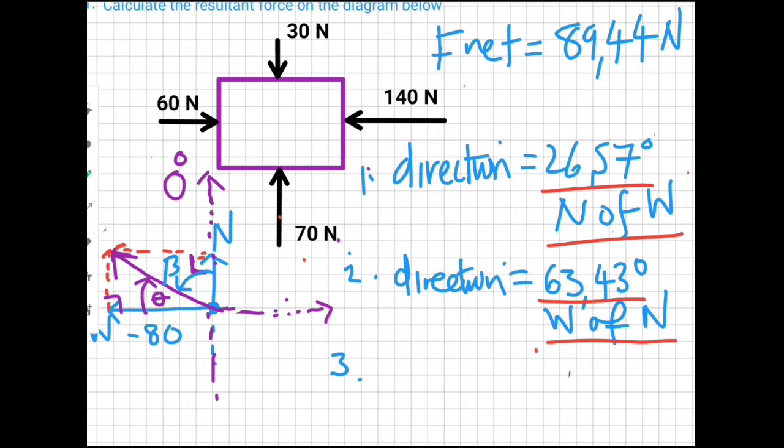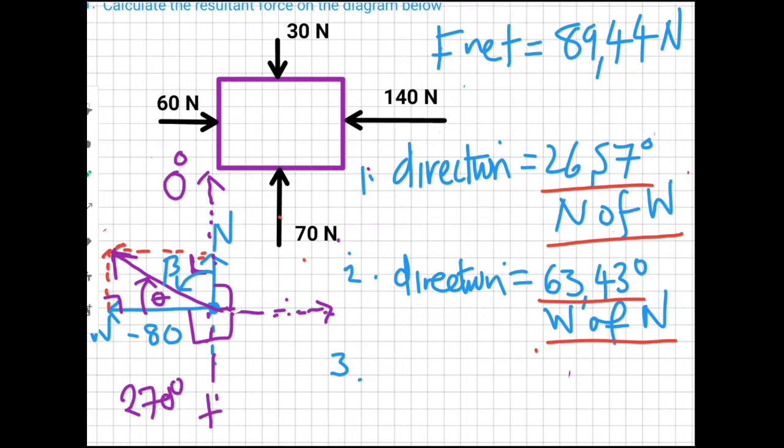So from the north to the east to the south and then to the west, what is the size of that rotation? That's 90, that's another 90, that's another 90. That's basically 270 degrees.